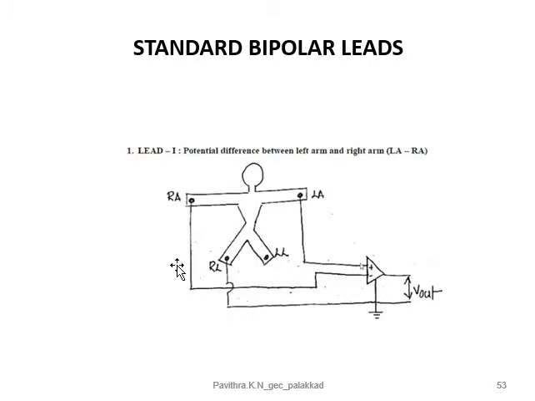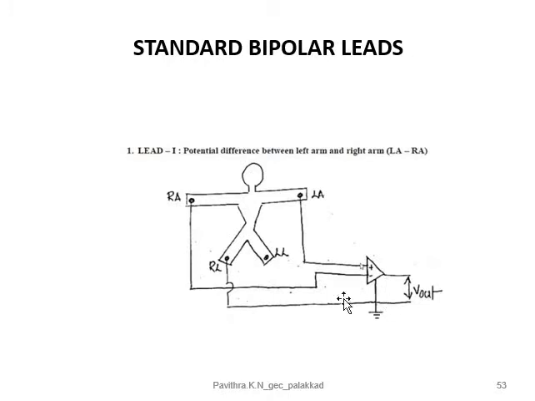So this is the connection of lead 1 of standard bipolar leads, and the leads from these 2 electrodes placed at the right arm and left arm are taken out and given to an amplifier, and from the amplifier output we can obtain the proportional voltage output.